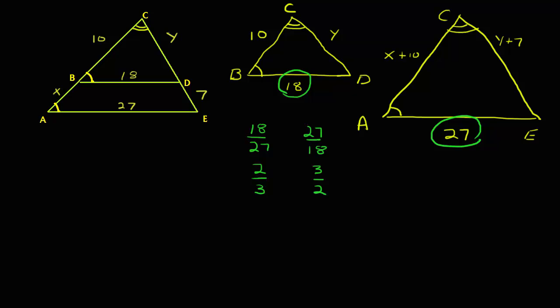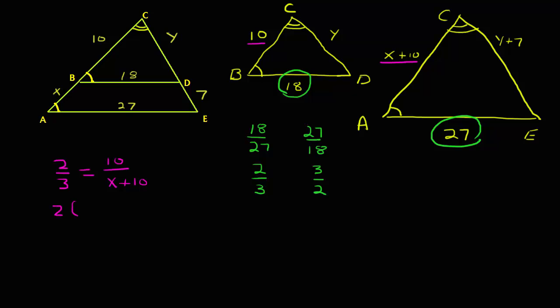I'm going to say that our scale factor, let's use 2 over 3, is going to be equal to 10 over x plus 10. One fraction equal to another fraction, we can cross multiply.